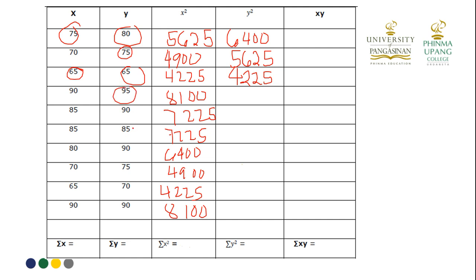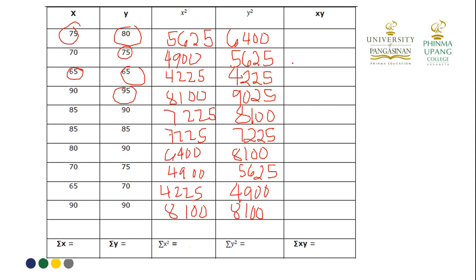How about 95? 95 squared is 9025. Next is 90, 8100. 85, parehas, 7225. 90, 8100. 75, 5625. 70 is 4900. 90 is 8100.